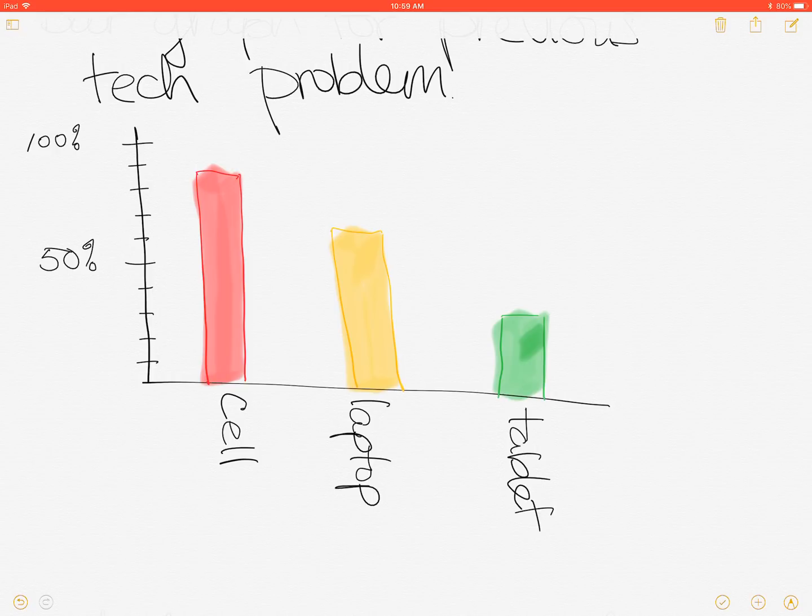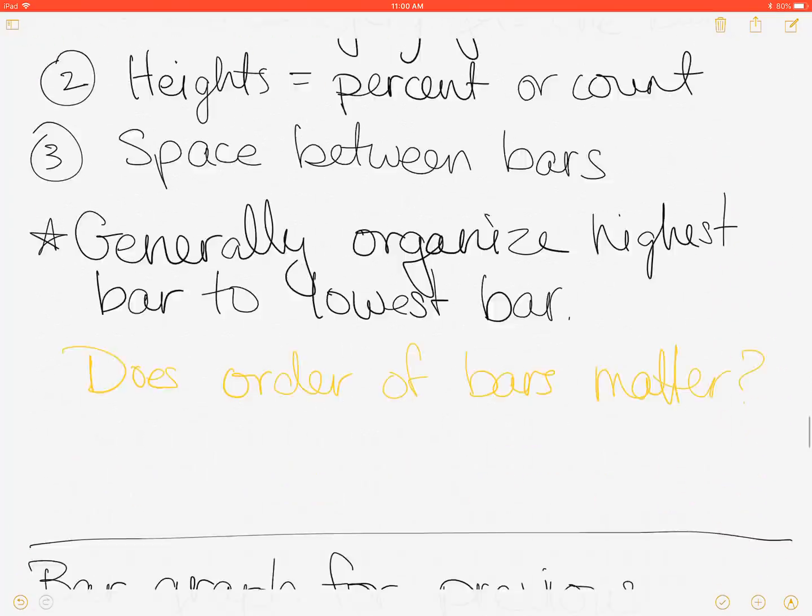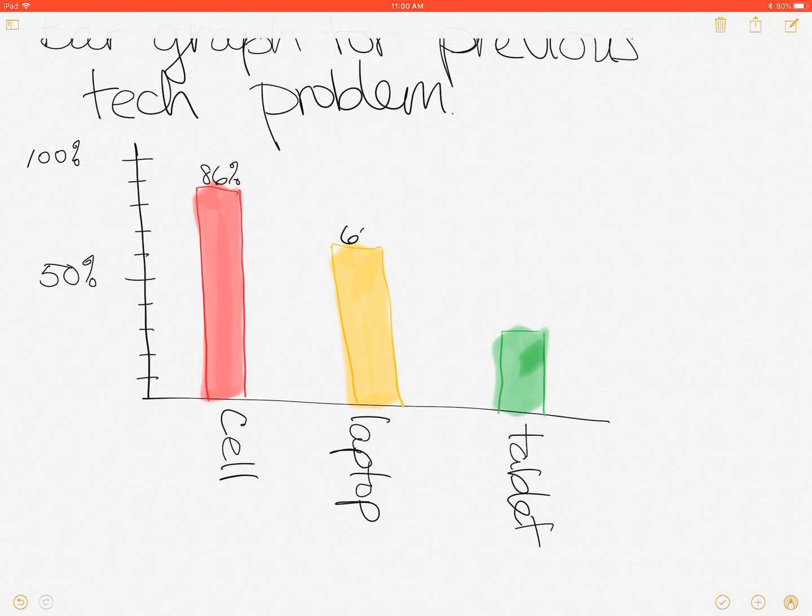Well, we can't see exactly 86. If we wanted to, sometimes people will write the numbers on the top just to help us read it, but we could just eyeball it by looking at this and saying, okay, this bar is just a little below the 90 bar.